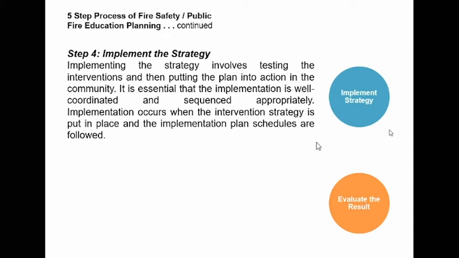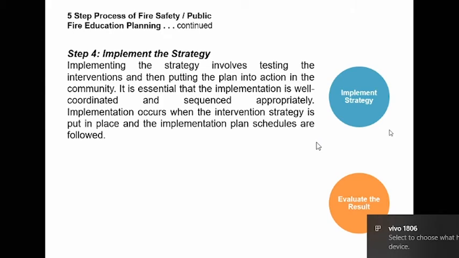Then both parties, the BFP and the council, if it is a barangay council, go into planning. You create your risk map and your contingency plan. And when you create your contingency plan, you now test the plan, which is why you have a simulation. So, the same thing when you implement your strategy: you don't go to the last step first, but you follow the steps. It must be sequential.